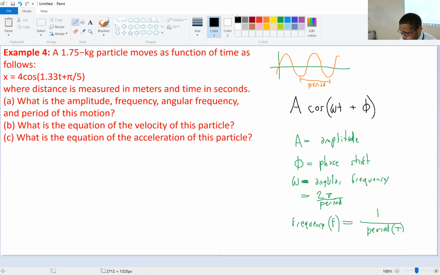Now, this is my position. Let me see, how do I want to do this? Let's say that I have a position function.